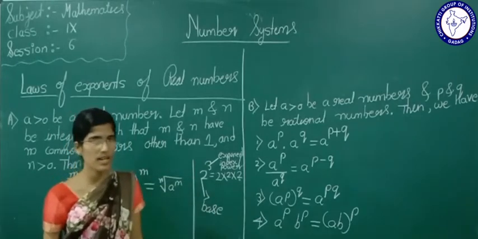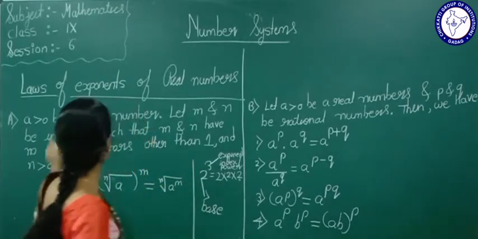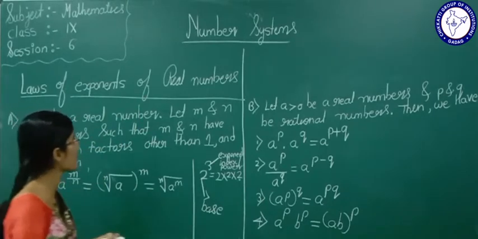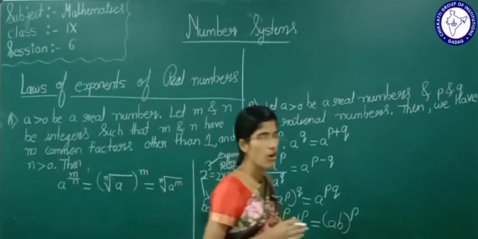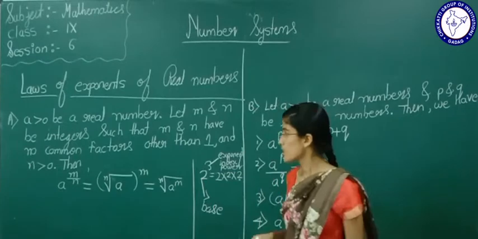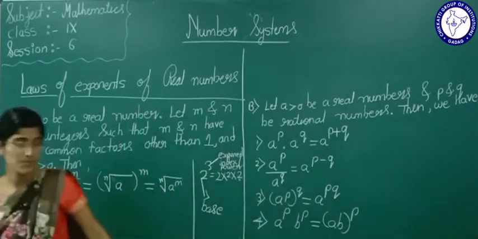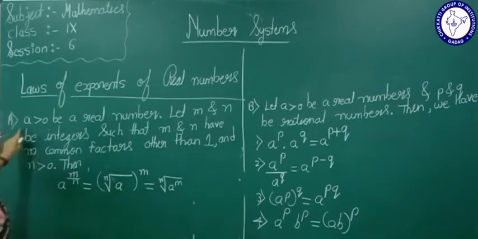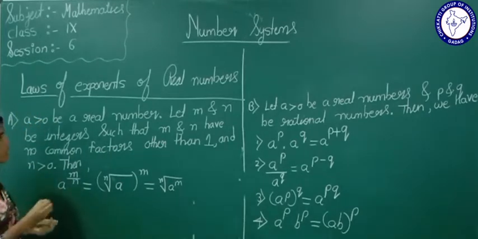So in today's class we are going to see laws of exponents of real numbers. Now see here, the first point tells us that a is a real number greater than 0.